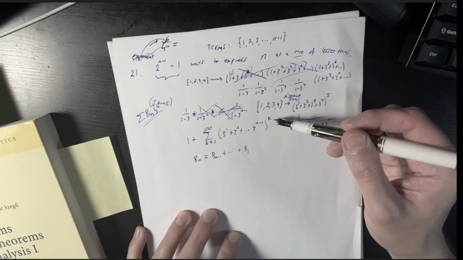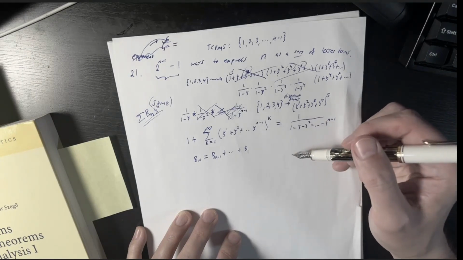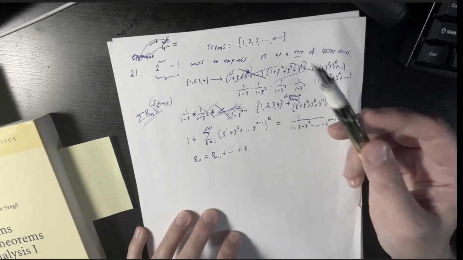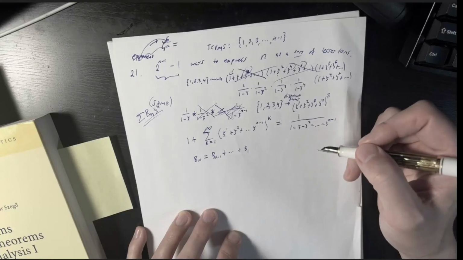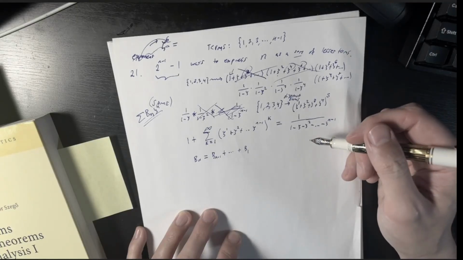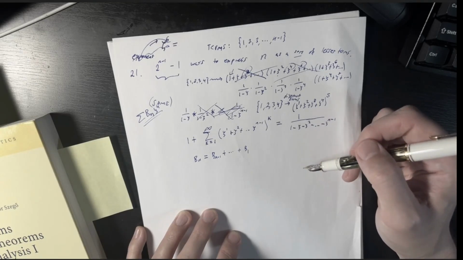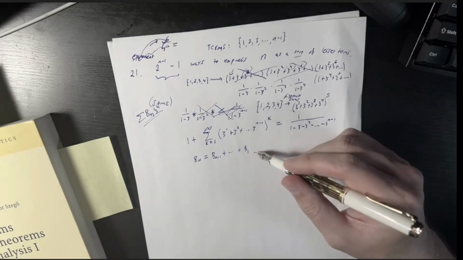It's a little gory. I mean, you could expand this, and you should have just a formula right there for the Bns. Yeah, I'm not seeing it.